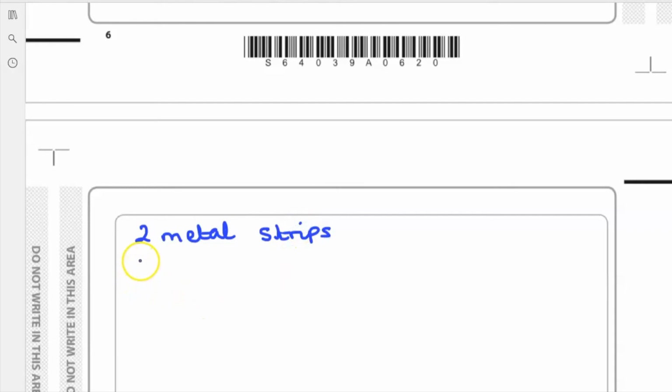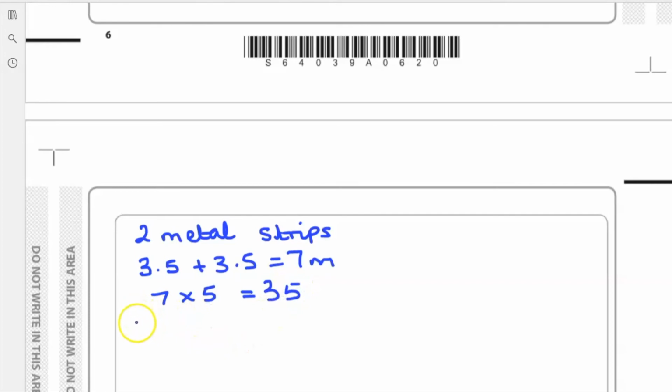So both of them, both sides, 3.5 plus 3.5, which gives us 7 meters. Now we know each meter is 5 kilograms. 7 times 5 will give us 35.